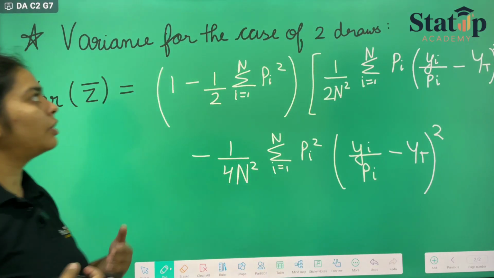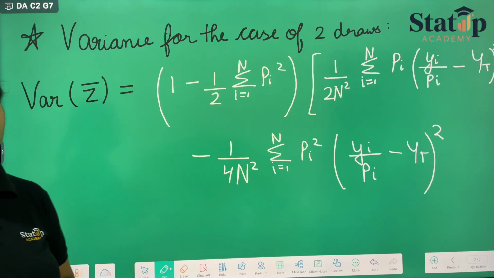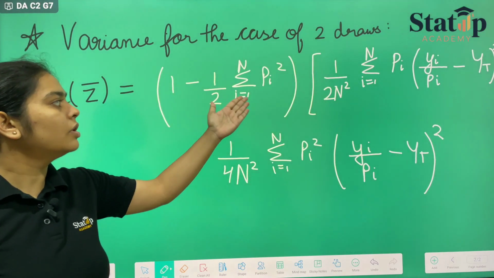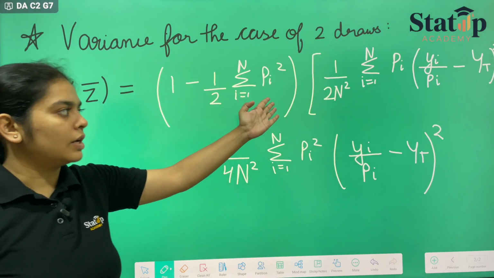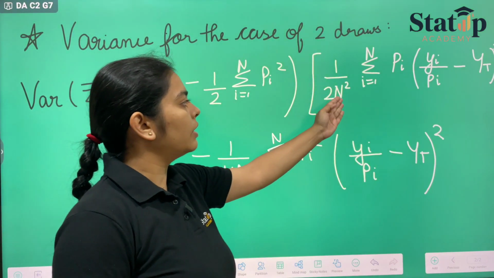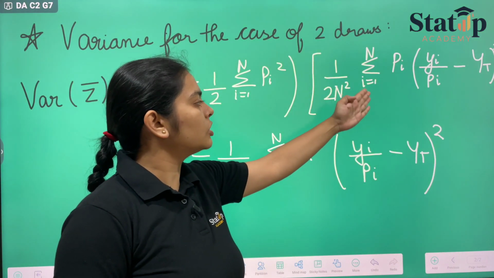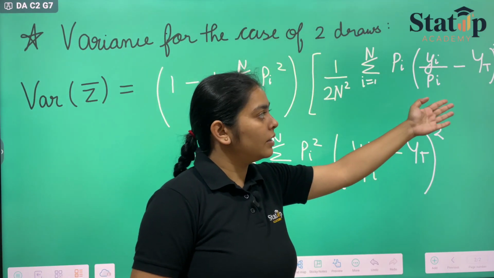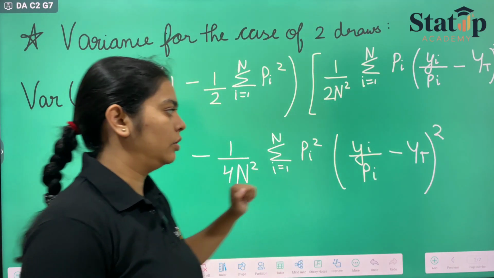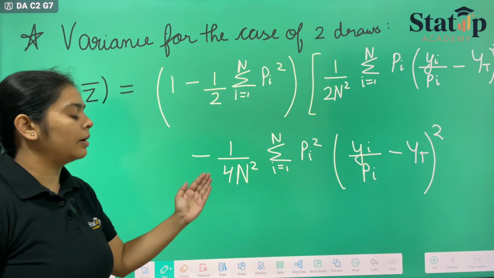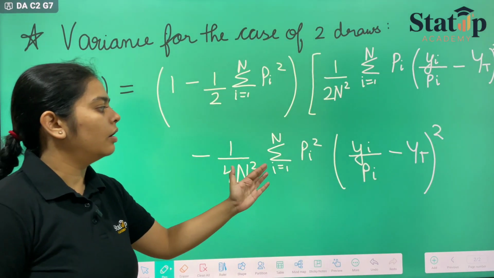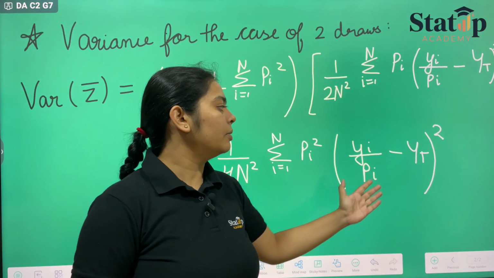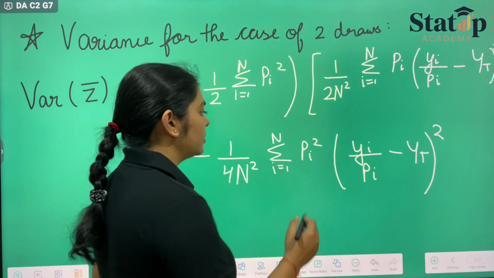So this is our formula for variance in the case of two draws in the Desraj estimator, which is 1 minus 1 upon 2 summation i goes from 1 to n pi square, bracket open 1 upon 2n square summation i goes from 1 to n pi bracket yi upon pi minus Y total whole square, bracket close, minus 1 upon 4n square summation i goes from 1 to n pi square yi upon pi minus Y total whole square.